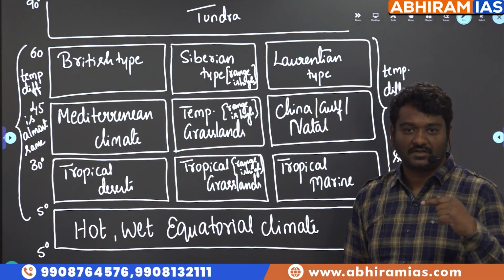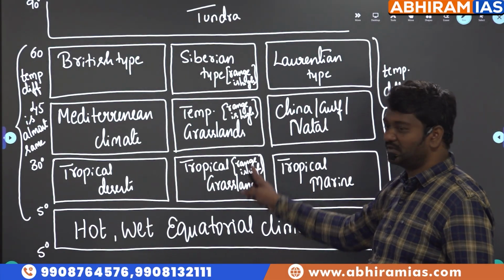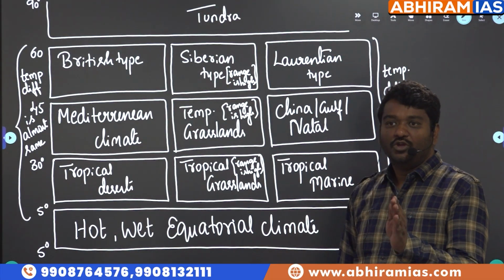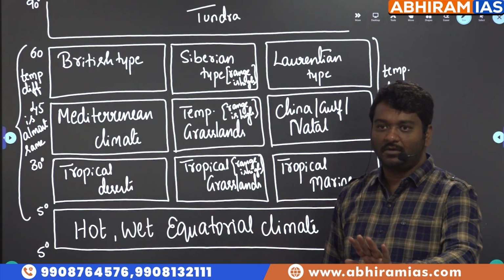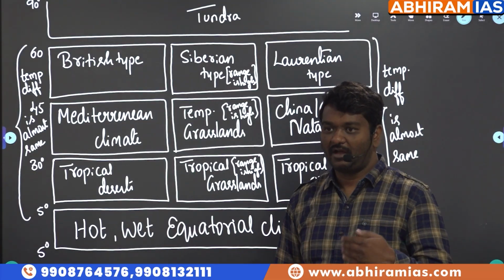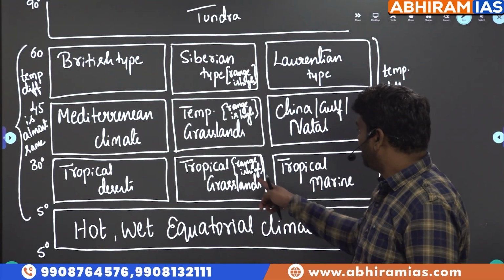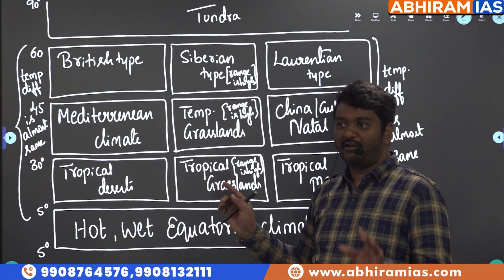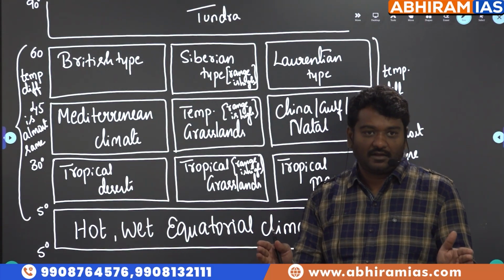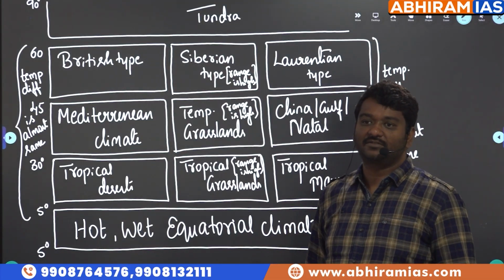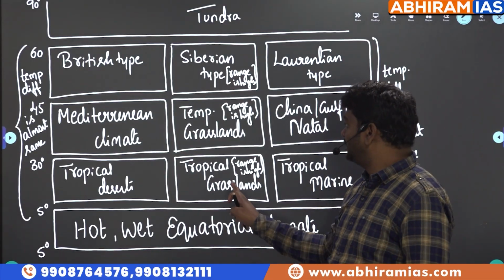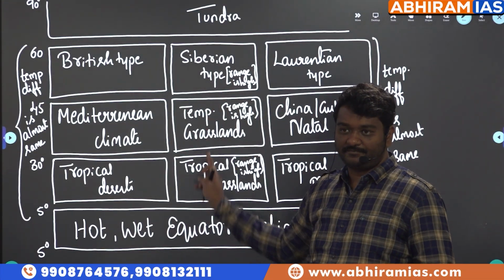I'm telling you first. You should eliminate on the basis of these. If you're closer to the ocean, always possibility of high rainfall. If you are in between, rainfall will be comparatively less. Land, rainfall will be comparatively less. Why? Some mountain will be there, leeward, you will not get rainfall. These areas won't get it so easily.